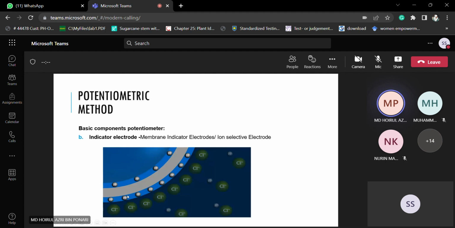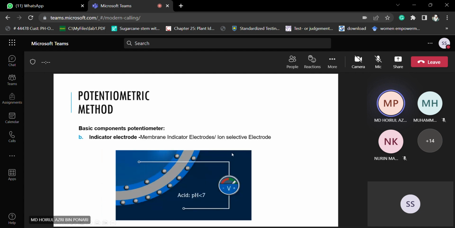So if we have the same concentrations of hydrogen ions, what will happen? The concentration of hydrogen ion that attaches on the inner side of the ion selective membrane is equal to the solution that we want to measure.